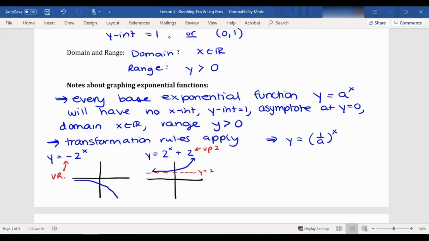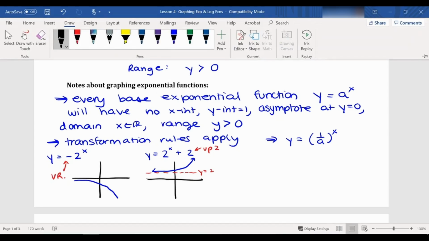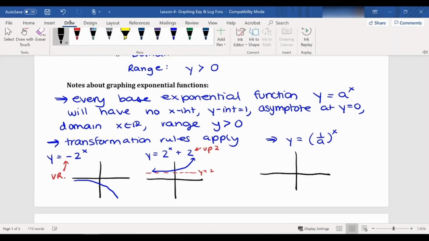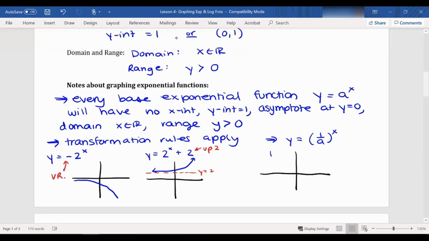So the one we have increases as you read the graph left to right, goes up. If you have a fractional base, this one will decrease as you read left to right.